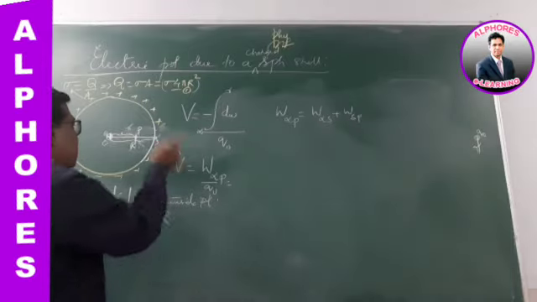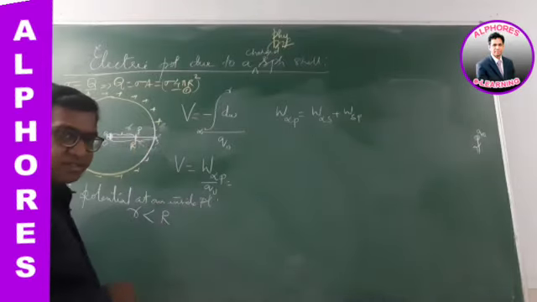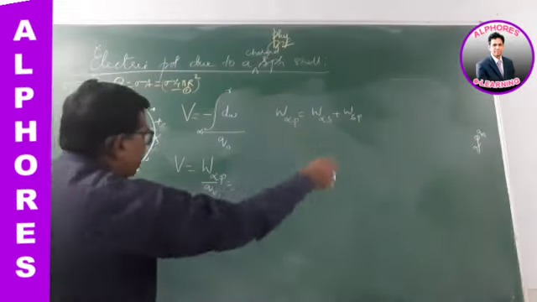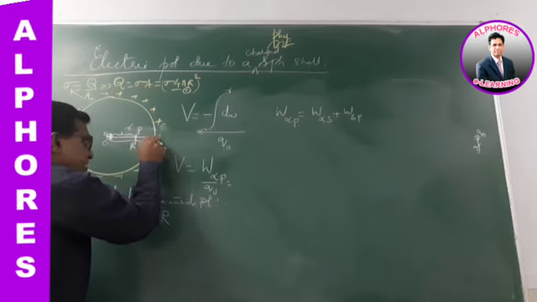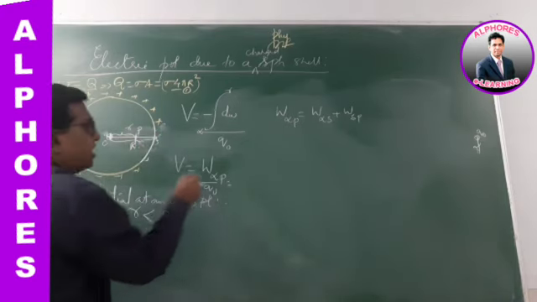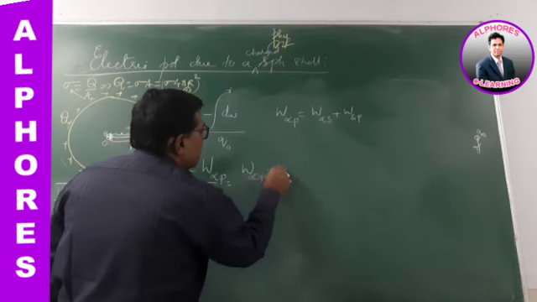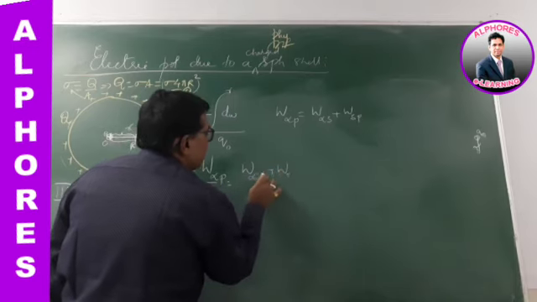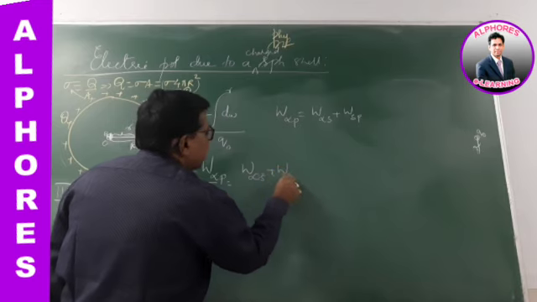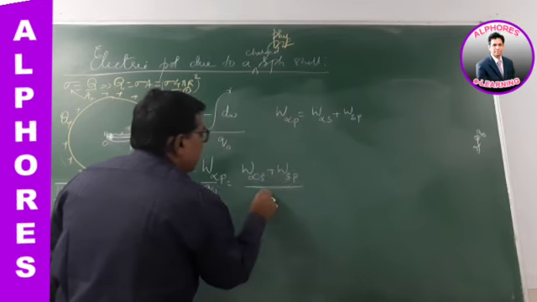So to go inside, I have to pass through the surface. So first work done from infinity to the surface, then from the surface to point P, by Q naught.